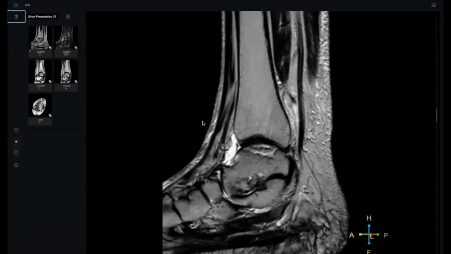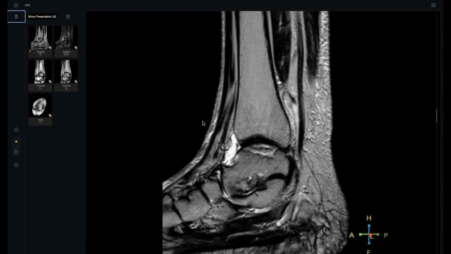I can see that the joint space between the distal tibia and the talus bone is preserved. I cannot see any joint fusion. I can see that the rest of the talus bone showed normal bone marrow character, and the rest of the tarsal bone appears within normal.